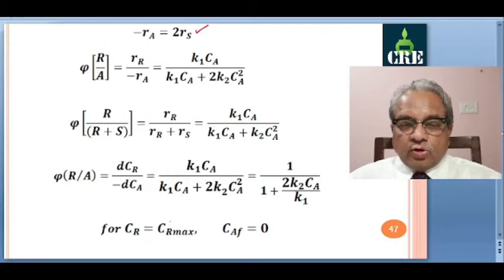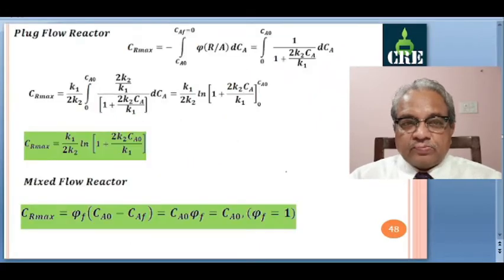So for Cr max, this yield should be 1. Maximum possible is 1, which will be there when Ca final is 0. Complete conversion is there. So we'll see now for plug flow reactor.